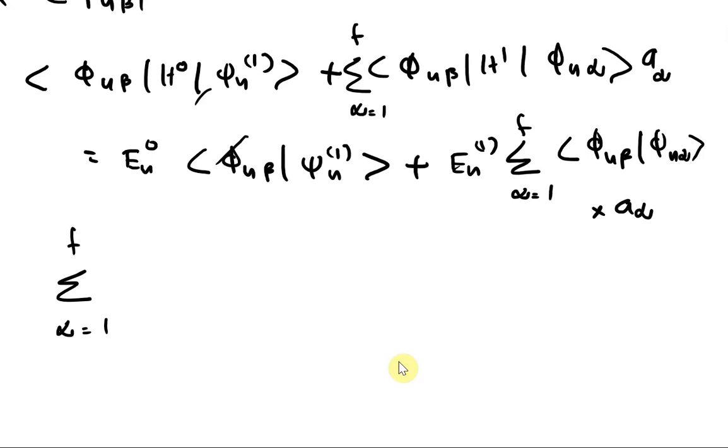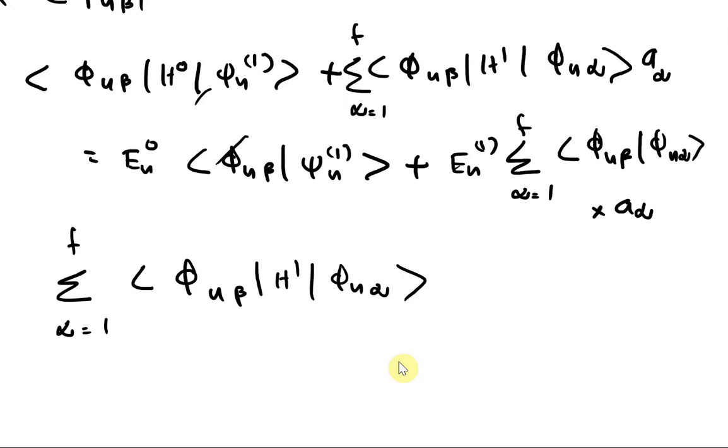Then what else is here? Just pulling this En this side. This will be nothing but phi n beta H prime phi n alpha, and what else? Sigma A alpha.